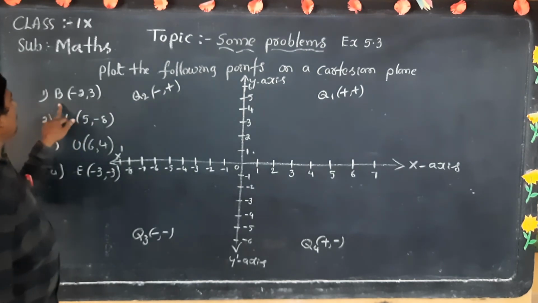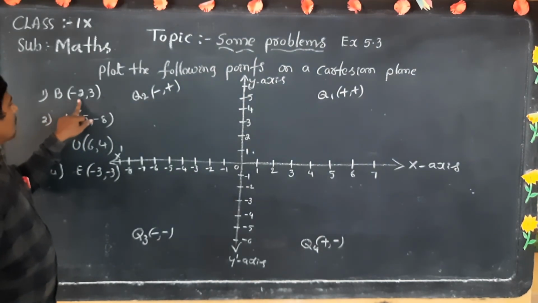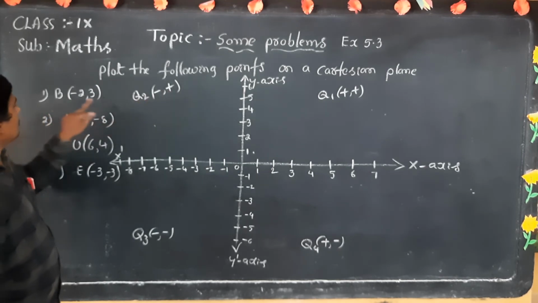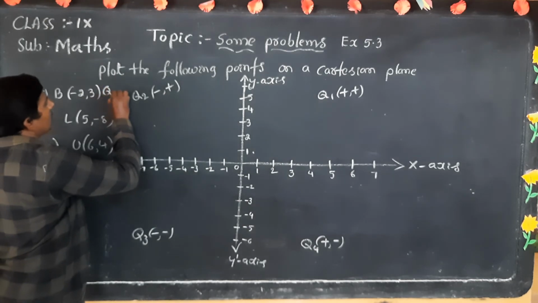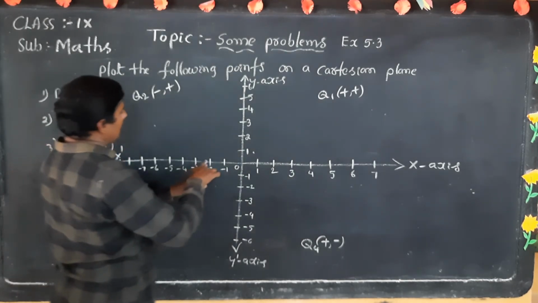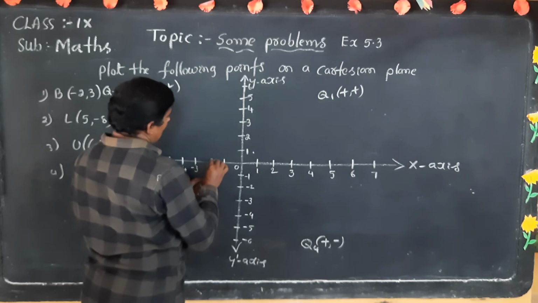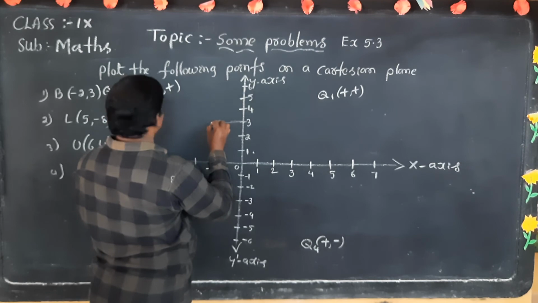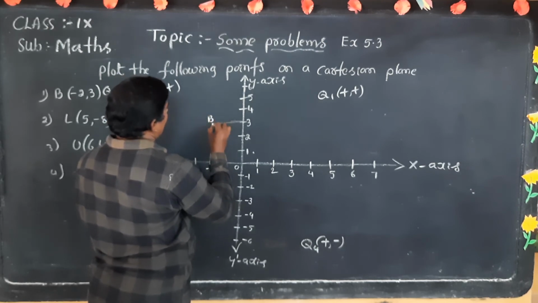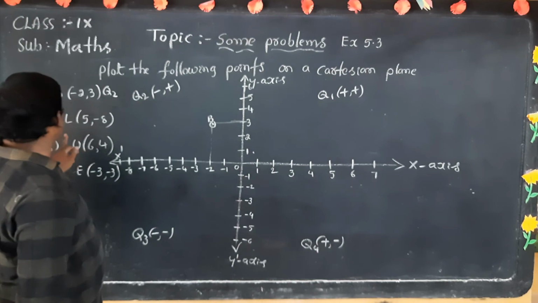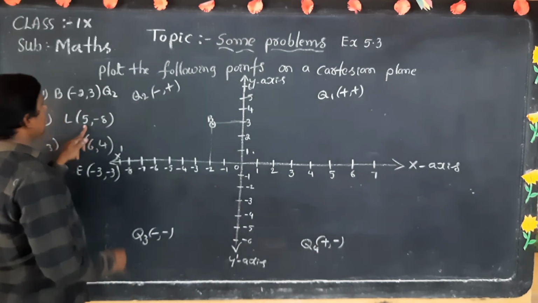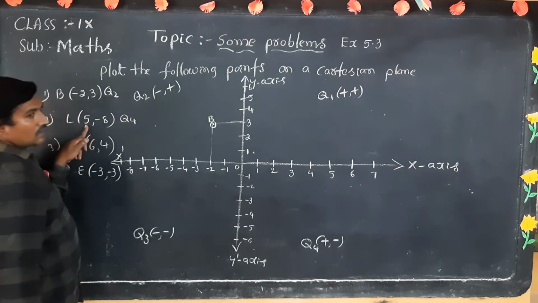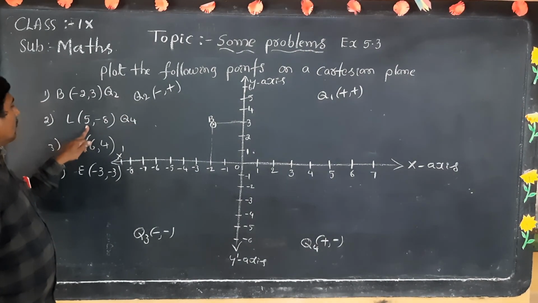First one, B of (-2, 3). Minus 2 comma 3 means minus comma plus, so Q2. This is located in Q2, for -2, 3. This is B. Next for L, (5, -8): plus comma minus means this is located in Q4, the fourth quadrant.